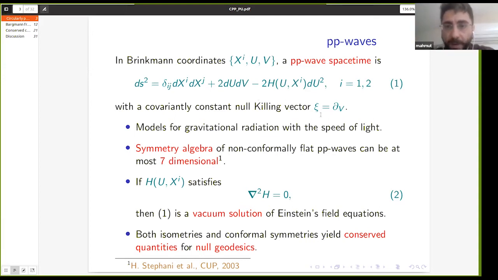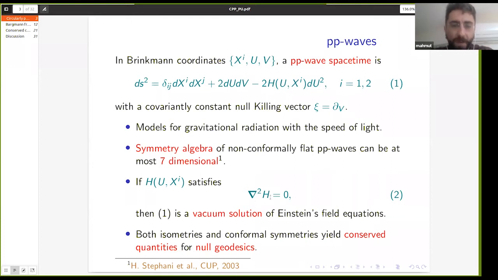And we know actually one of them is xi, which is the v translation. This is one of them, of course. So depending on the profile, if it is very symmetric, then you may have at most a 7-dimensional conformal algebra. Nice. And if this h satisfies the 2-dimensional Laplace equation, then it is a vacuum solution of Einstein's field equations.